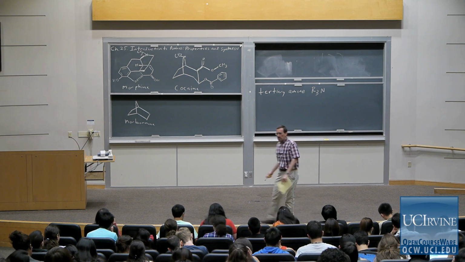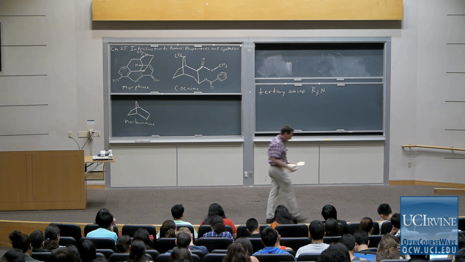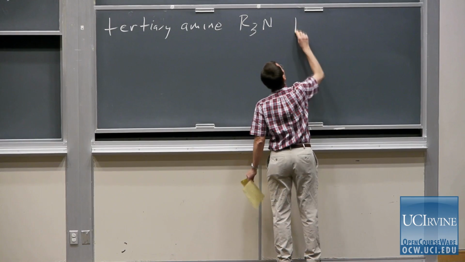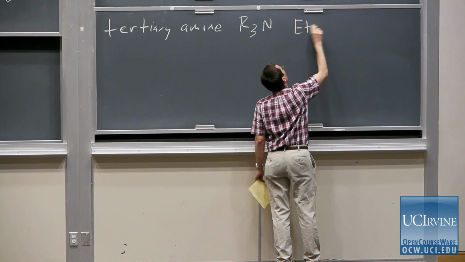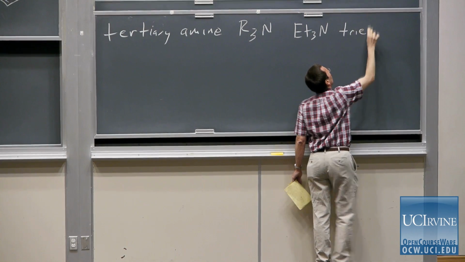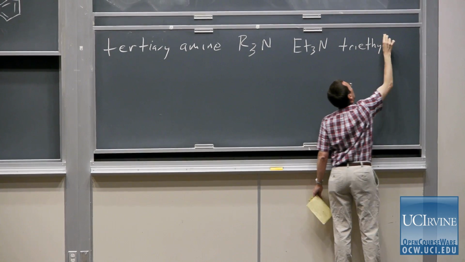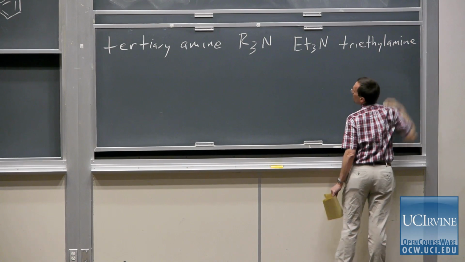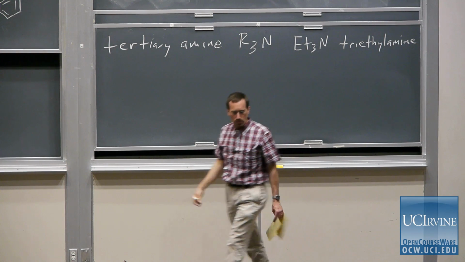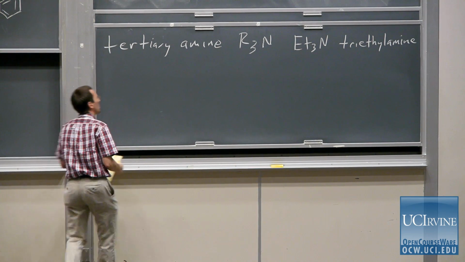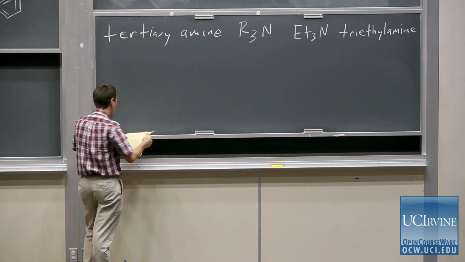We've used tertiary amines as reagents. You've used triethylamine as a base. Tertiary amine, of course, has 3 different carbon atoms attached to the nitrogen atom and a lone pair as well on the nitrogen.